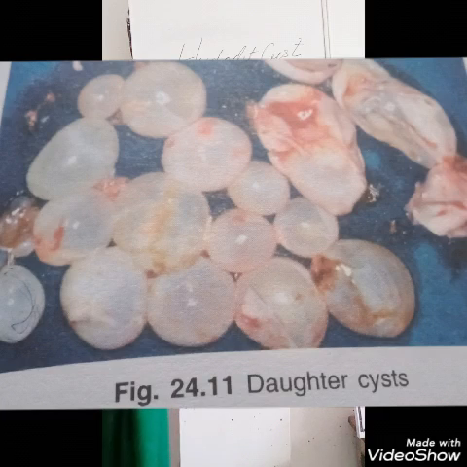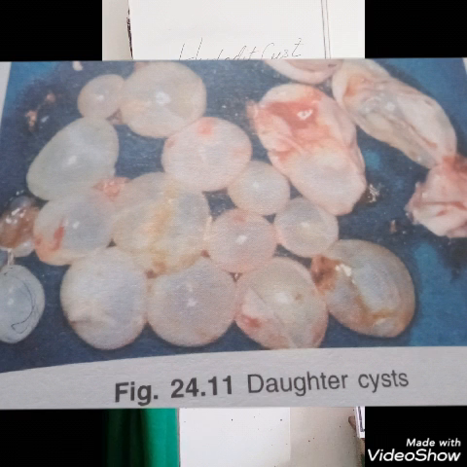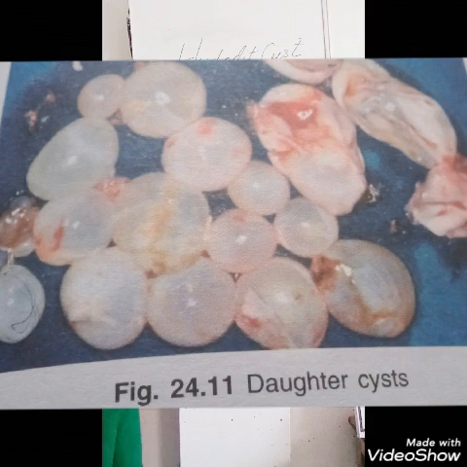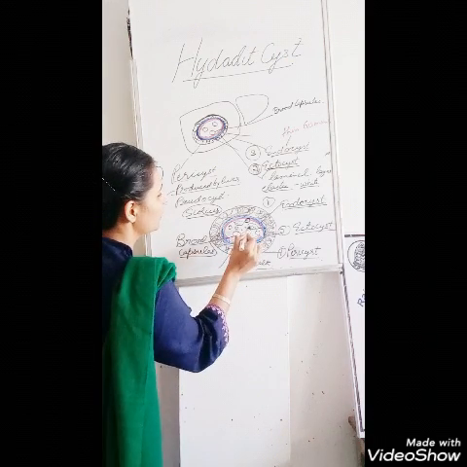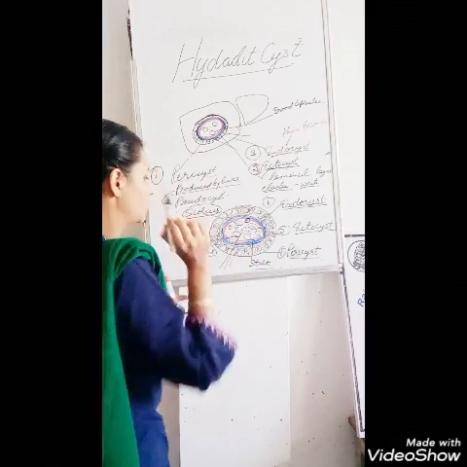Now these are the sterile cyst. This big one is the mother cyst, and these are the daughter cyst, and these are the granddaughter cyst, and that's how the cyst will keep growing. These are the granddaughter cyst.